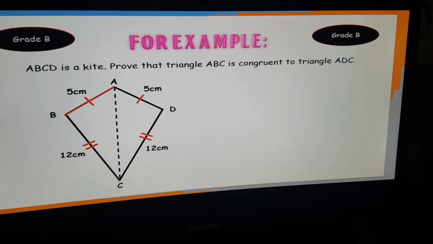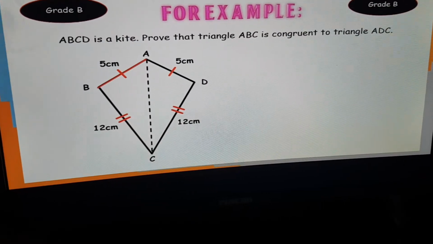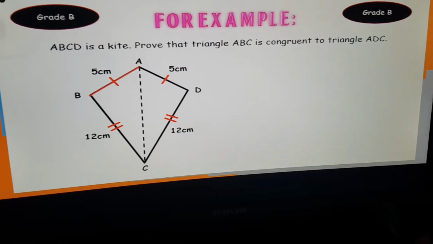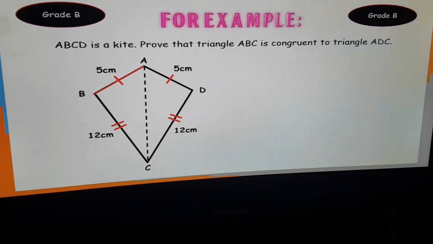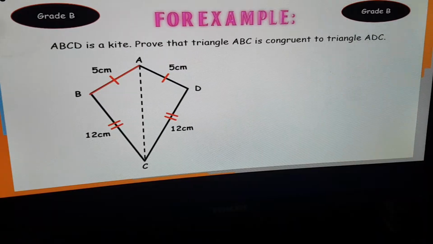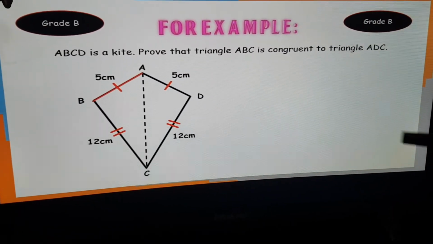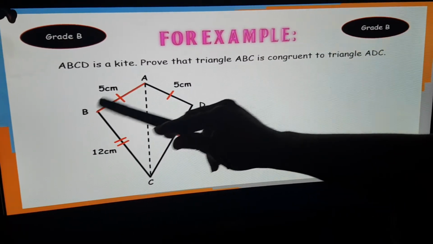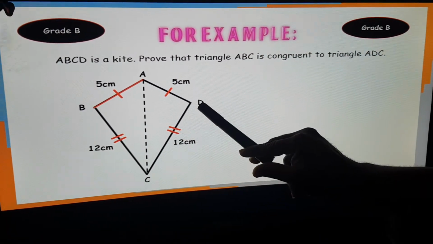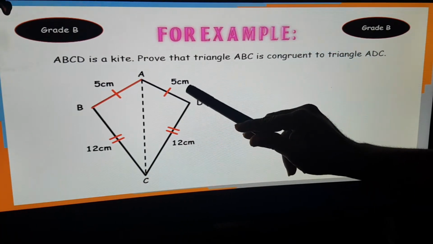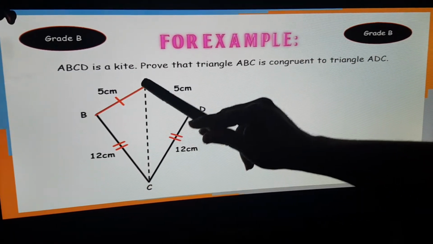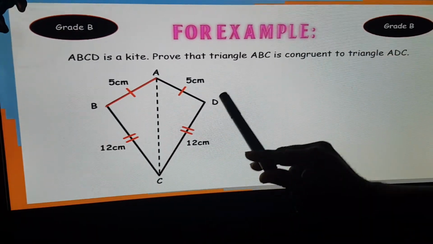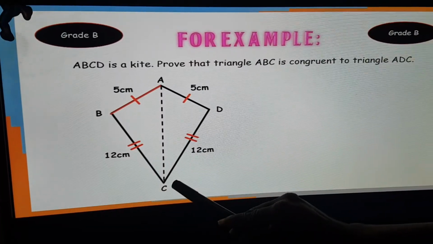Now we're going to take an example. I'll be solving an example here, and here we have ABCD is a kite. Prove that triangle ABC is congruent to triangle ADC. Here we've got a kite, and from the symbols you can see AB and AD appear to be equal in size. The length of AB is equal to the length of AD, and the length BC is equal to the length CD.